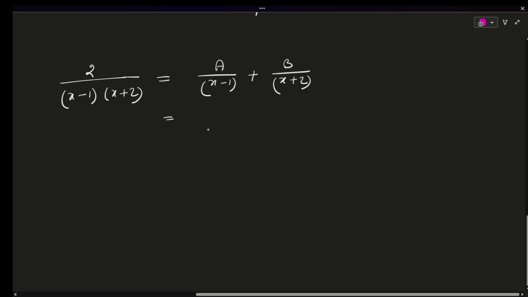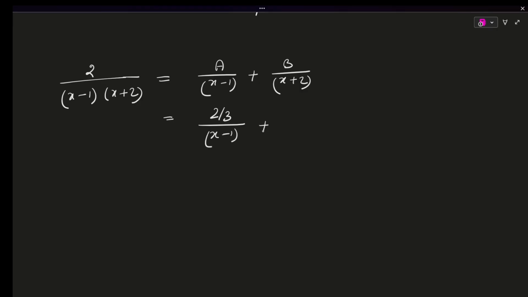So just put the values of A and B here. The value of A was 2 by 3 and the value of B was minus 2 by 3. So this one is our answer.